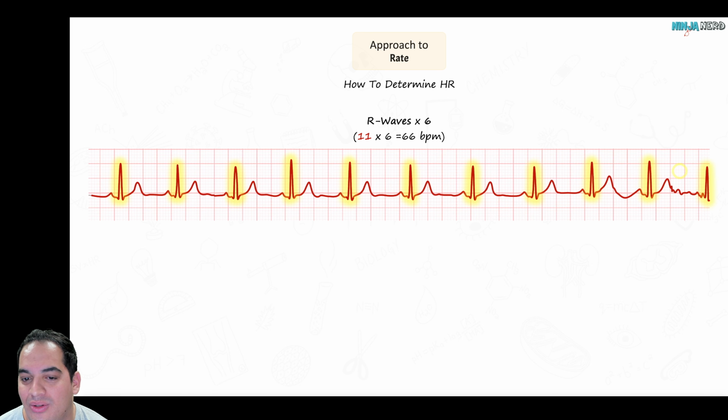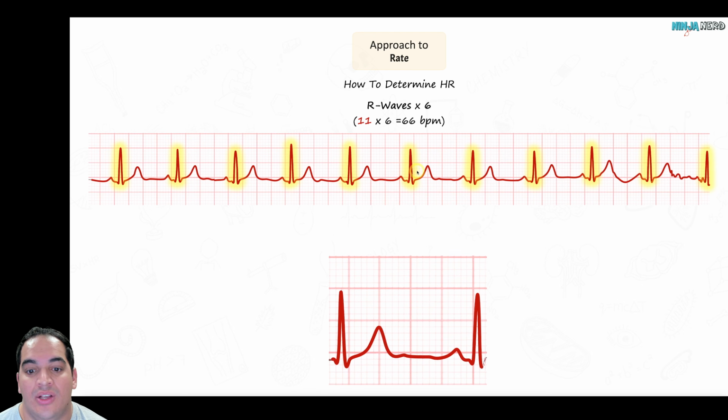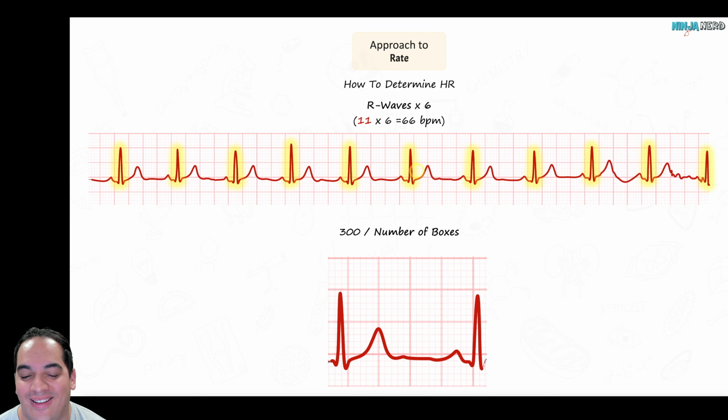Another way that you could do this is you could zoom in on this particular area here and count the number of boxes that are present between beats. So for example, if we really looked at the nitty gritty here, I could average this out truly, and I could say it's about 1, 2, 3, 4 boxes. There may be a little bit more here, but what you do is you take 300, and the reason why it's 300 is one box is indicative of 300 beats per minute.